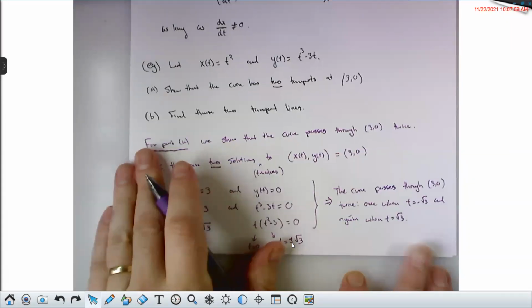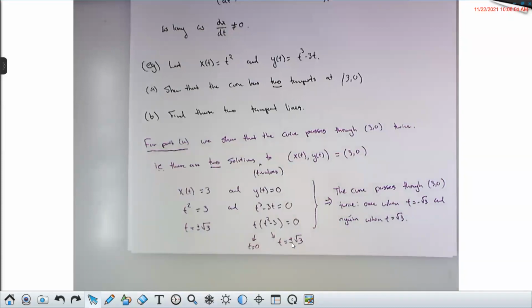Why am I not taking the t equals 0? I got plus or minus root 3 from both of these, but from the y equation, I also got t equals 0. Why is this not one of the t values that sends me through the point (3, 0)?